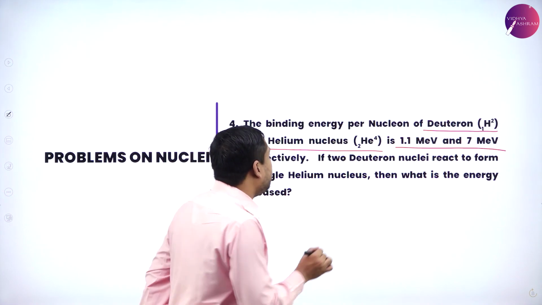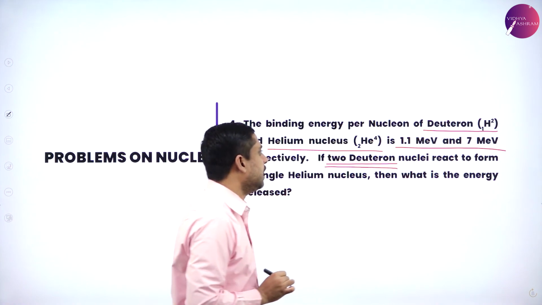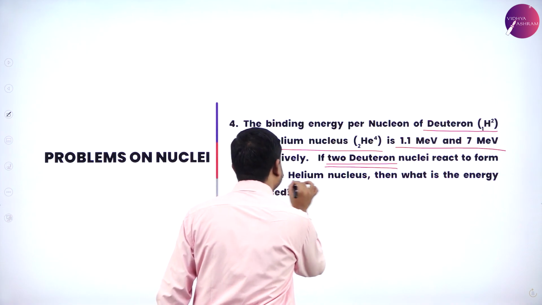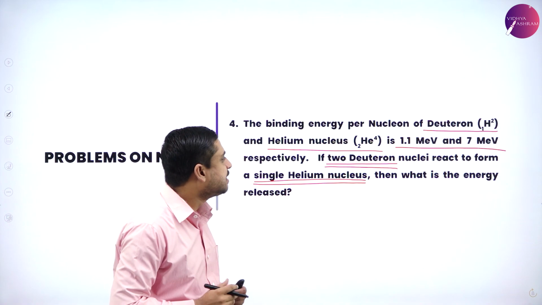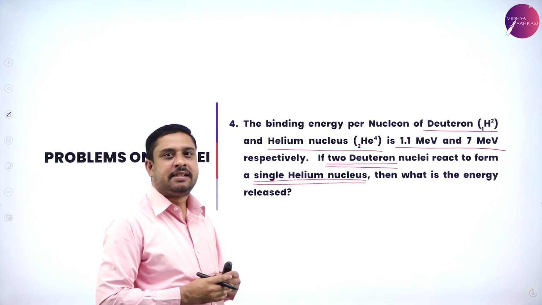If two deuteron nuclei react to form a single helium nucleus, what is the energy released?